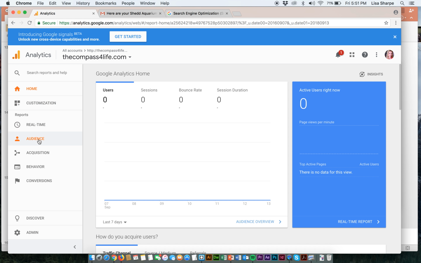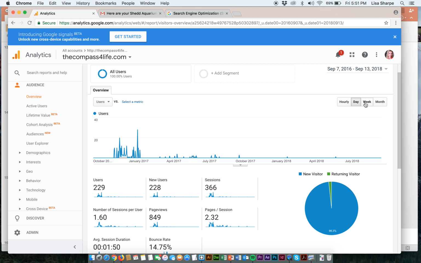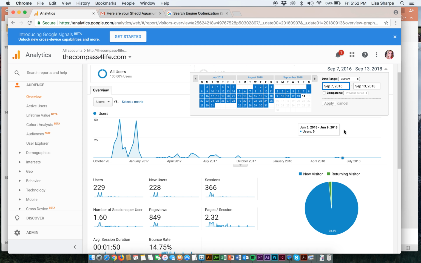And so we can see over that year's time, if we look at the last week, we're going to get a different set of statistics. Actually, we're still going September 7th through September 13th, so I have to change that date range. The nice thing is I can change the date range to be whatever I want. So let's say I hadn't fired this client and I was interested in working with this client again, which I'm not. I would go to the client and say, you know what, your website traffic has really dropped off.